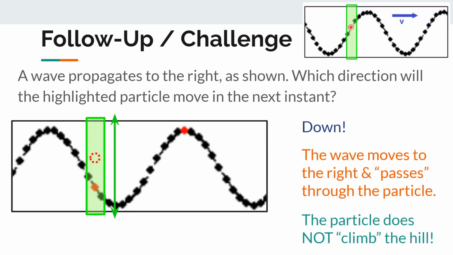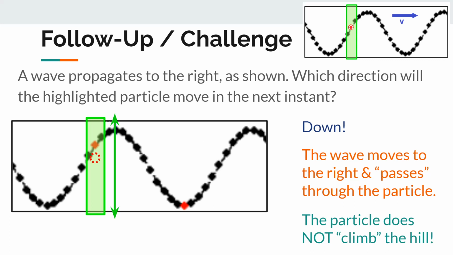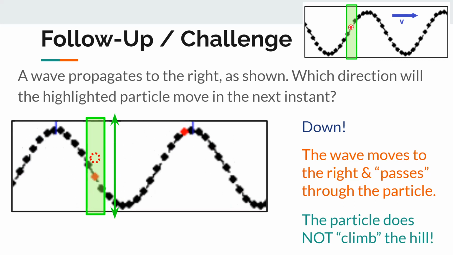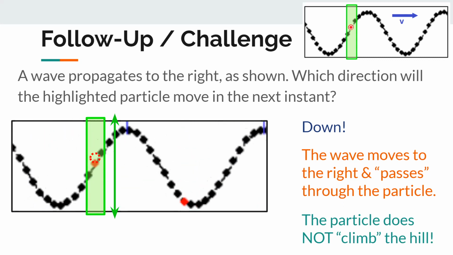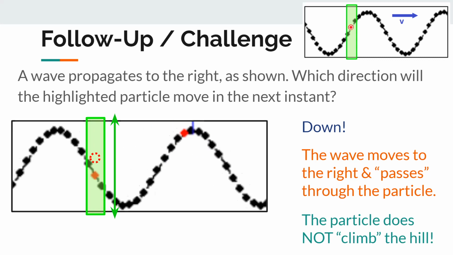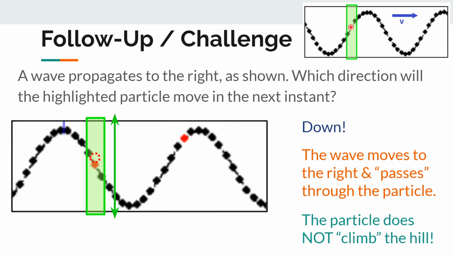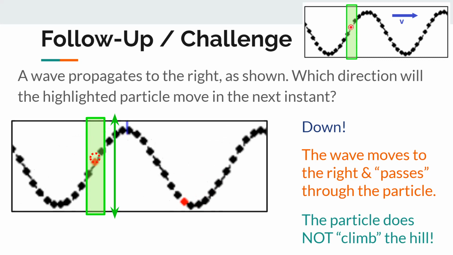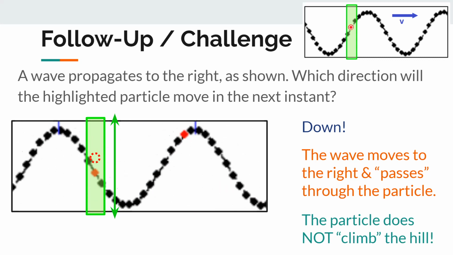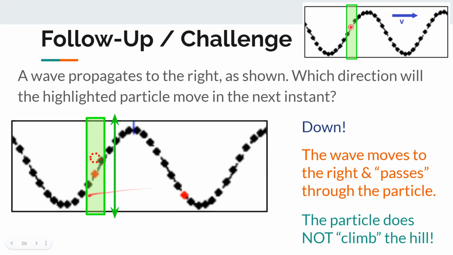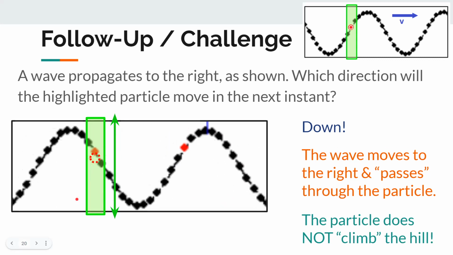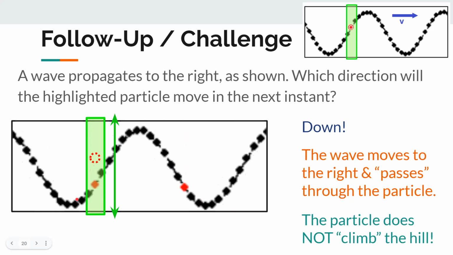Okay, just like I lined it up perfectly there. But the wave moves to the right and passes through the particle. The particle does not climb the hill. Okay, that's not how this works. But it is a common misconception, and it is something you're going to see again, so you might want to jot it down so that you don't miss it. If you want to look at this slide again later, which I'd recommend if you're not really following, it might be helpful to see it again. This is slide 20.